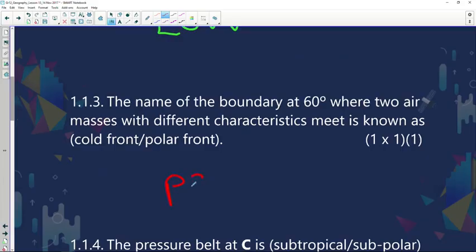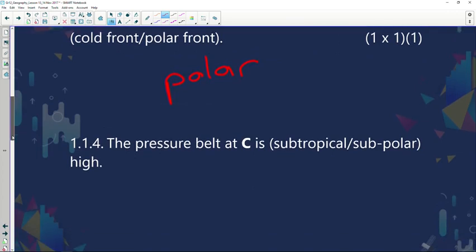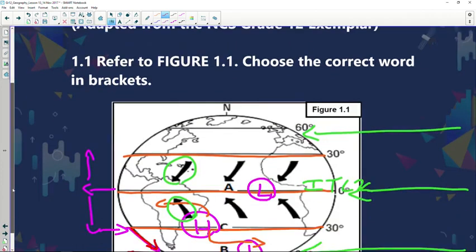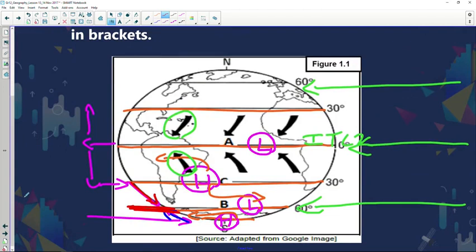Let's quickly fill that in. The pressure belt at C is the subtropical or the subpolar high pressure belt. Let's quickly have a look at C. Where do we find C? Situated over there.